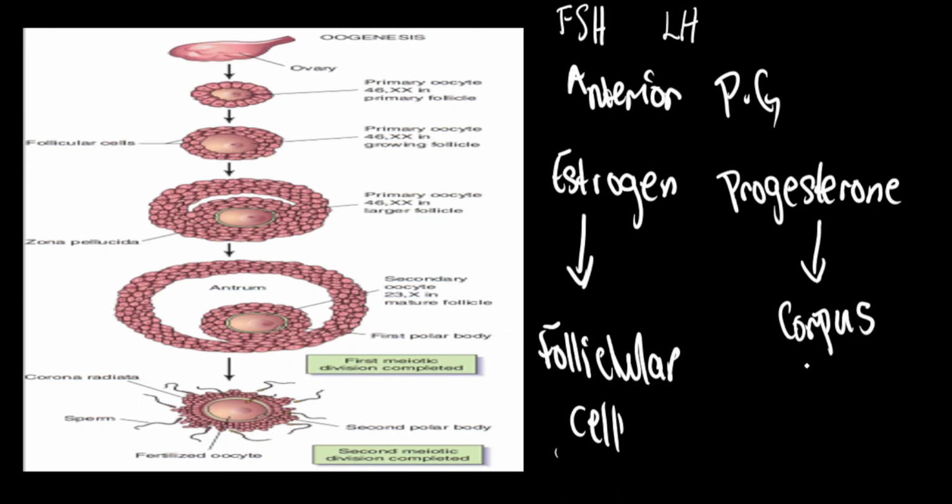Of course, we'll go on to see what the corpus luteum is in this video. So the key hormones are the follicle stimulating hormone, the luteinizing hormone, estrogen, and progesterone. The follicle stimulating hormone is associated with estrogen, and the progesterone is associated with the luteinizing hormone in that way.